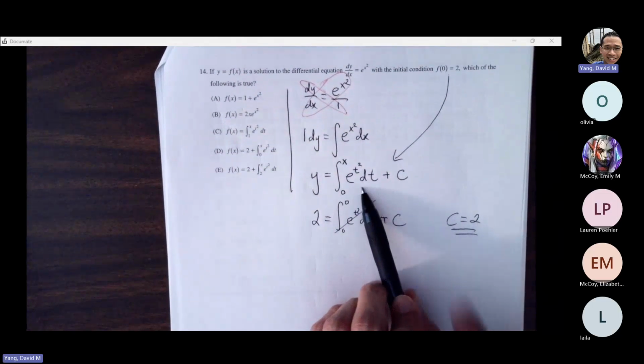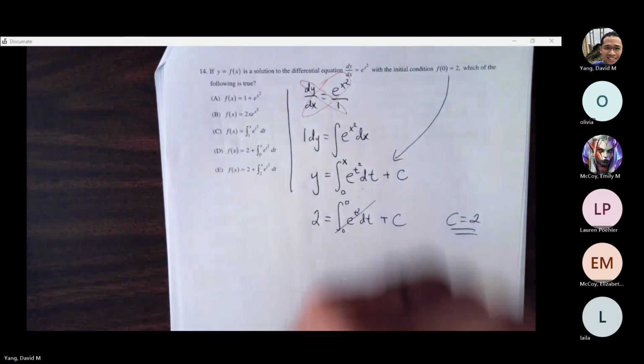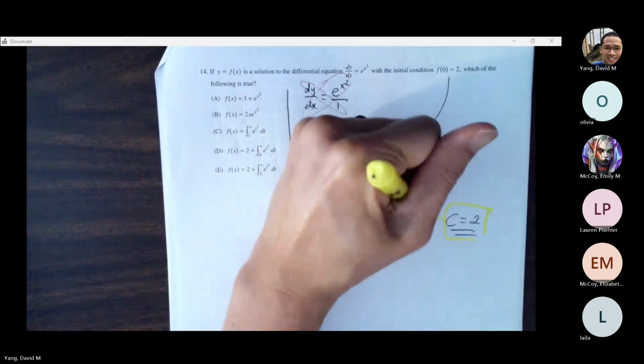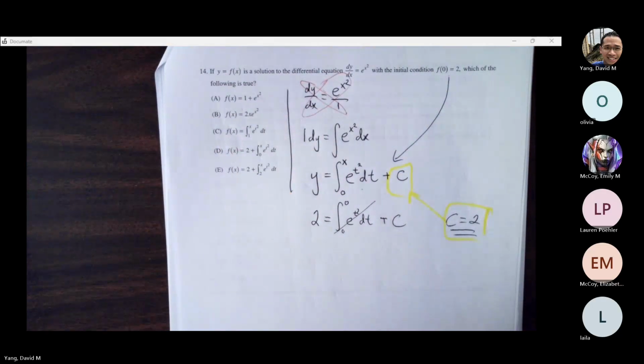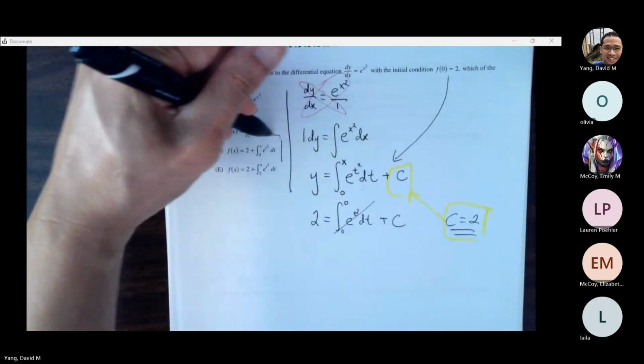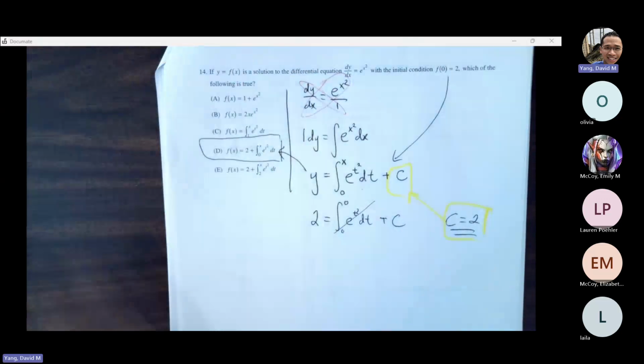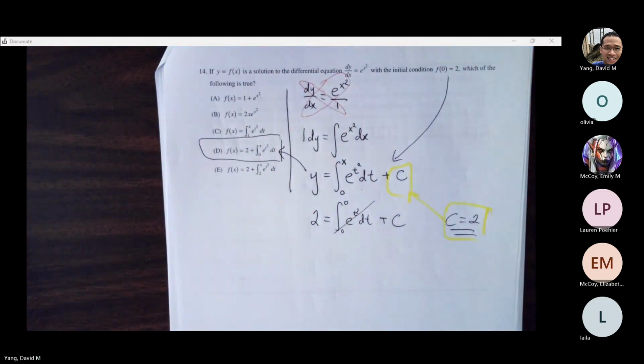Now I can just take this and replace the c with 2. Now that gives me answer choice D. Yeah, a little bit of a strange one. Typically not the type of problems that we're accustomed to.